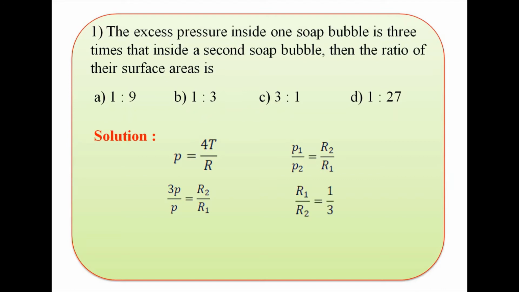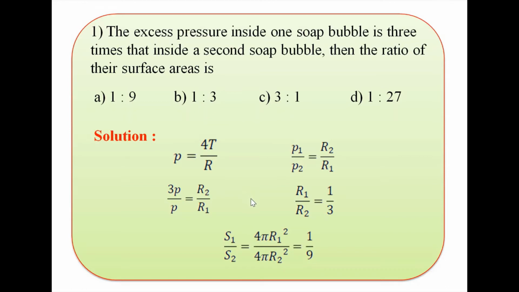So we get the ratio of the radii R1 divided by R2 is equal to 1 divided by 3. This is the ratio for the radius. Now we have to calculate the ratio of their surface areas. We know that surface area has the formula 4 pi r square.